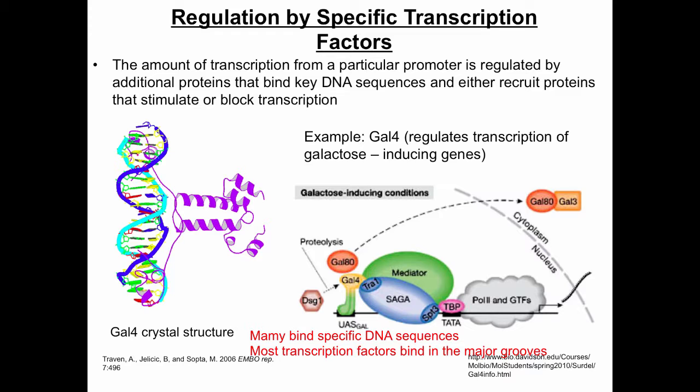It's bigger, yes. So why would that make a difference? It's right, yeah, because there's more space in the major groove, it's easier to actually access the bases and read the bases. So, okay.